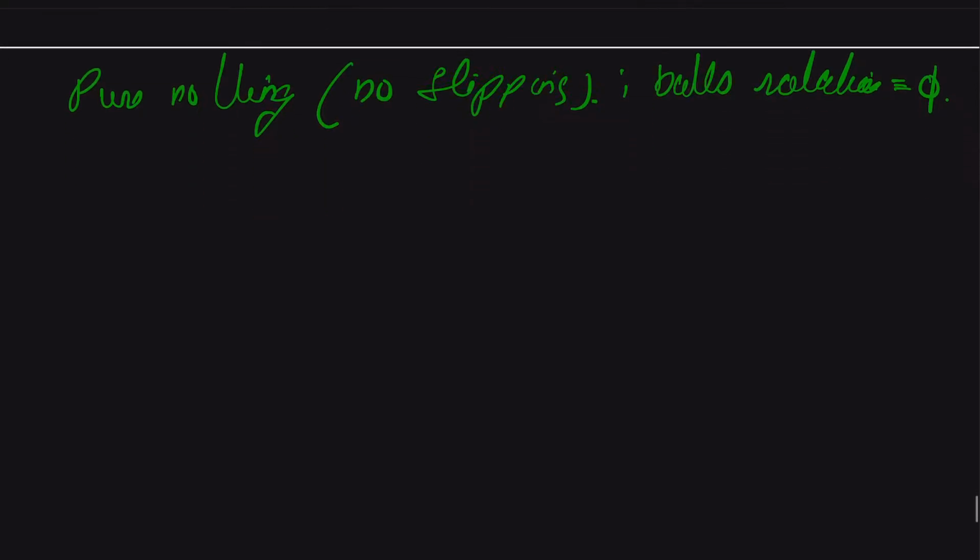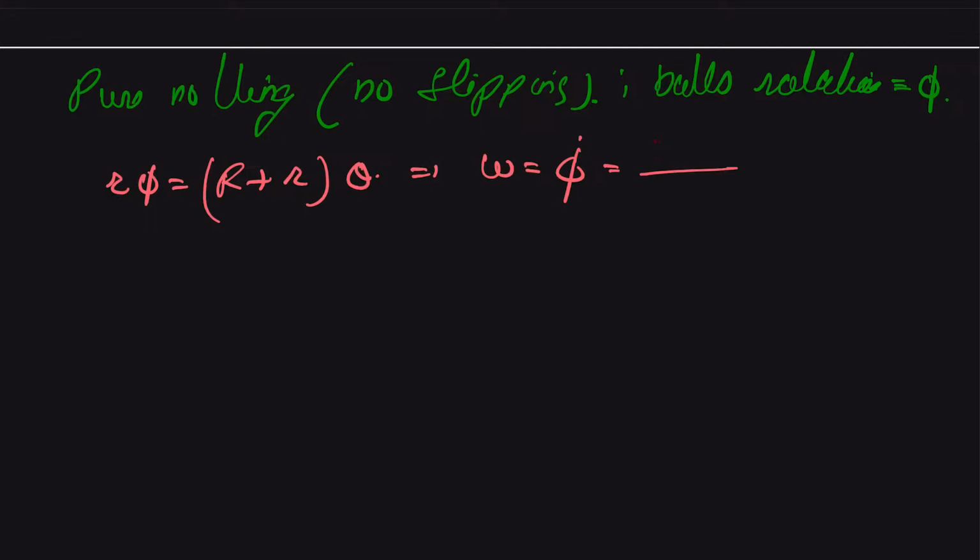Therefore we can write that r of phi will be equal to (R plus small r) times theta, and from here we can write the angular velocity omega will be equal to first derivative of phi, and that will be equal to (R plus small r) divided by small r and theta first derivative.